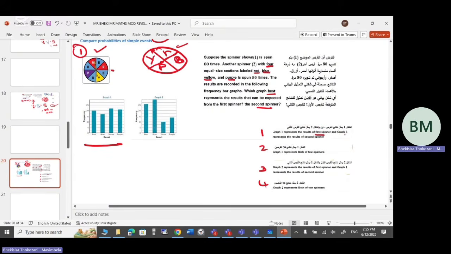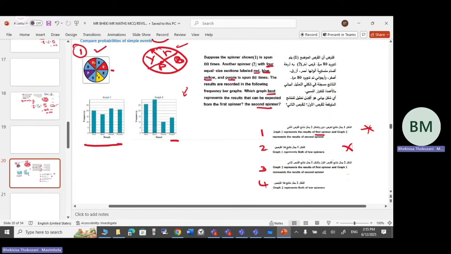And graph number 2 represents this one here. All right. I don't believe this, because if you look at this spinner, this is not fair like this other one here. And as they say, graph number 1 represents both the spinners. That one is definitely not true. And this one here also not true.